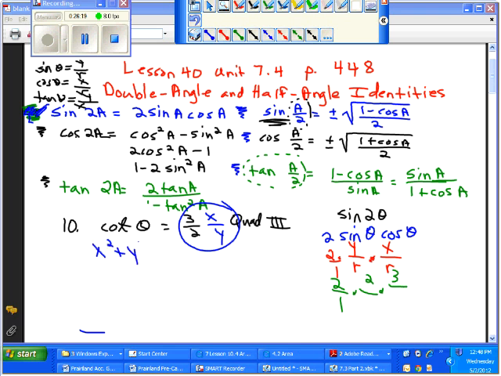So we're going to have x squared plus y squared equal r squared. So we have 3 squared plus 2 squared equal r squared. 9 plus 4 equals r squared. 13 equals r squared. Take the square root and we get r is equal to square root of 13.